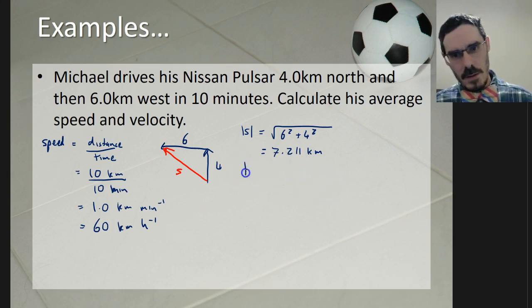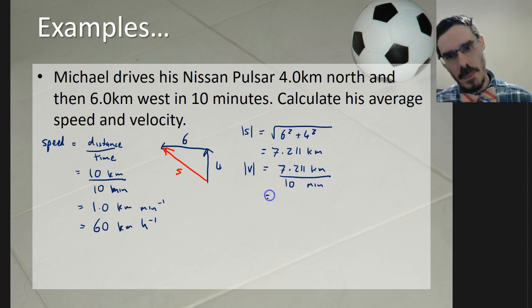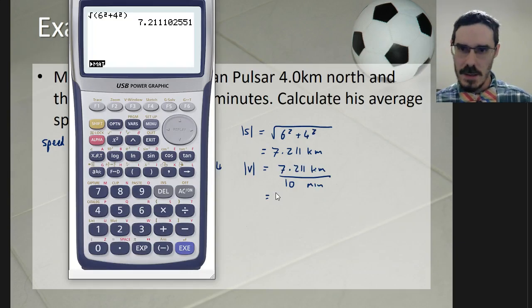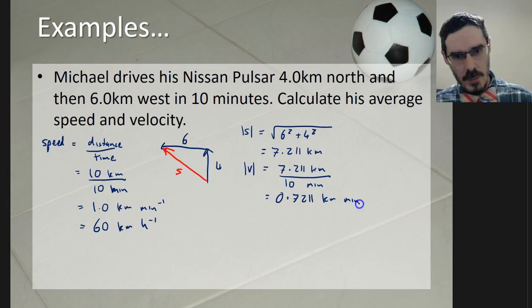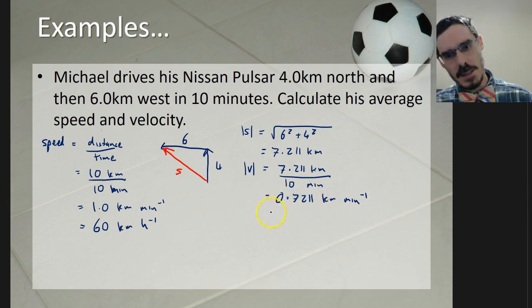So the magnitude of the velocity is that distance, that's the length of that displacement vector, divided by the time taken, 10 minutes, which is 0.7211 kilometres per minute. And again, I probably want kilometres per hour, so times this by 60.